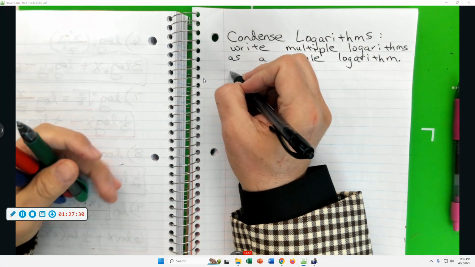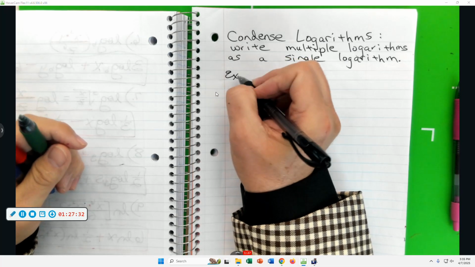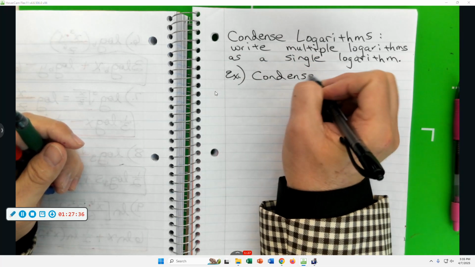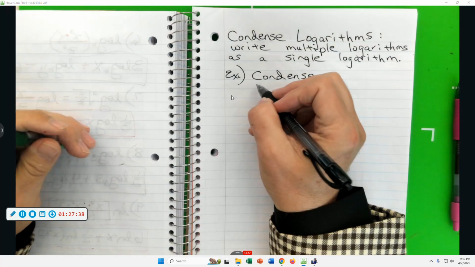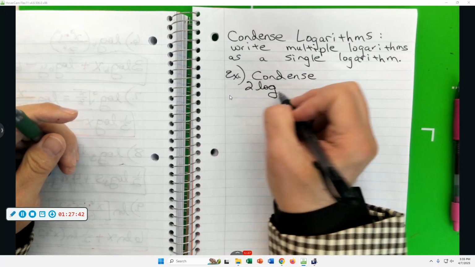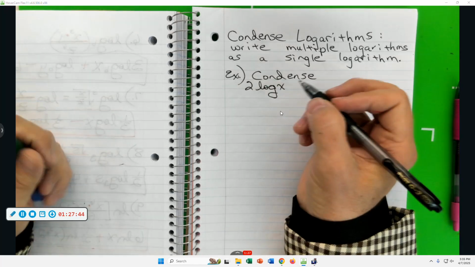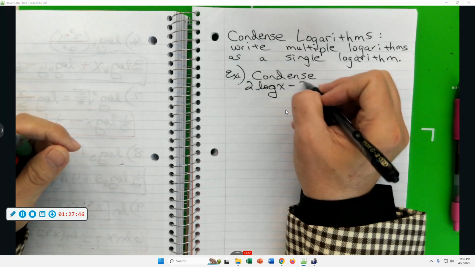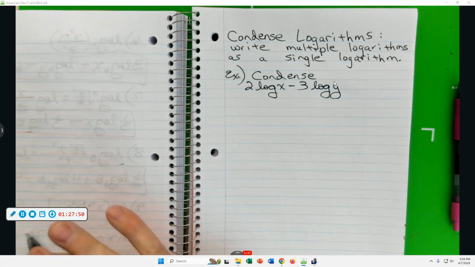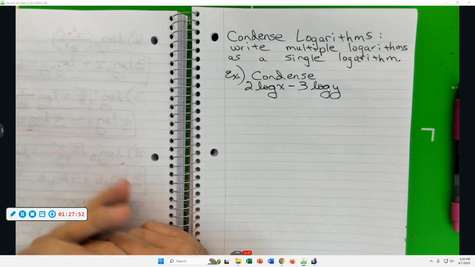Here's an example. Condense 2 log x minus 3 log y. This is just the one that doesn't have a base, the common log.